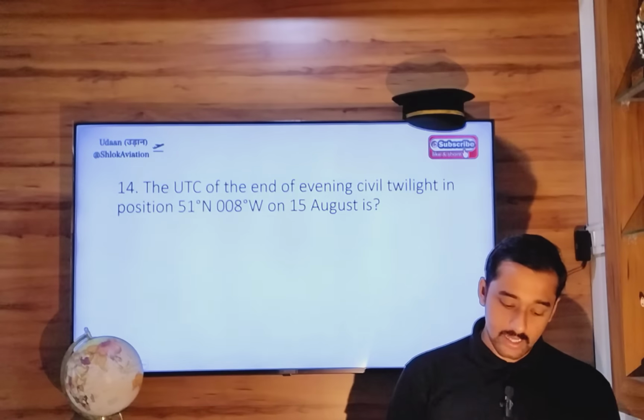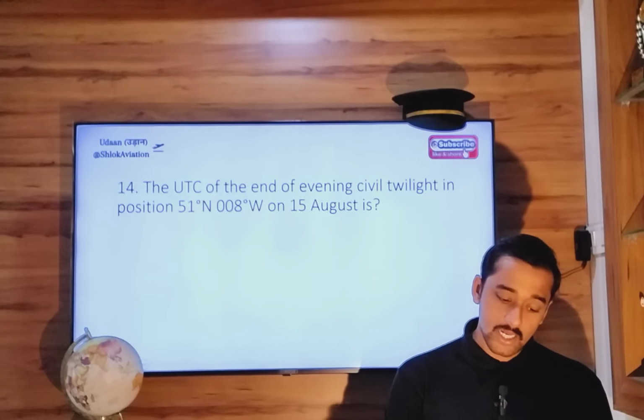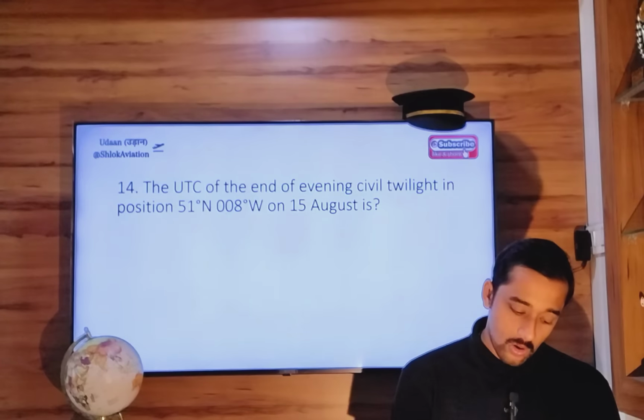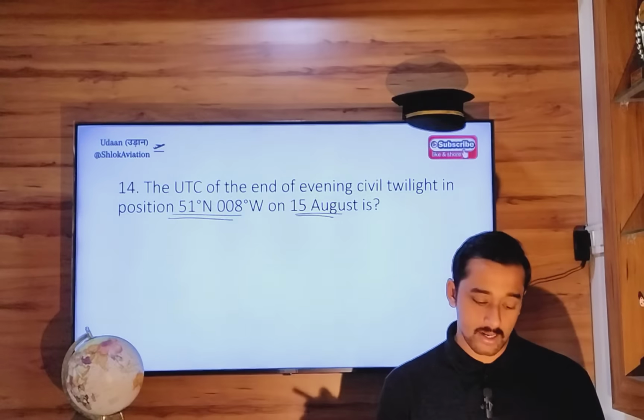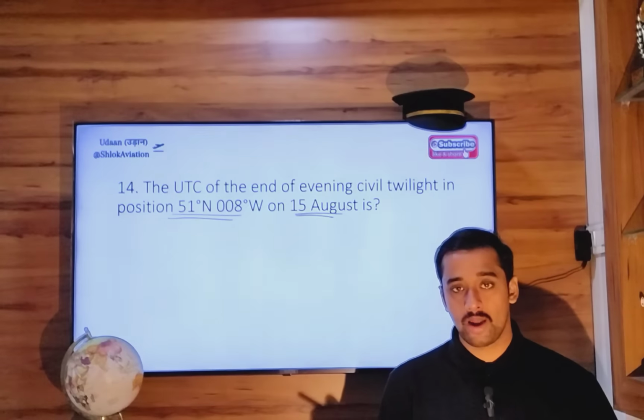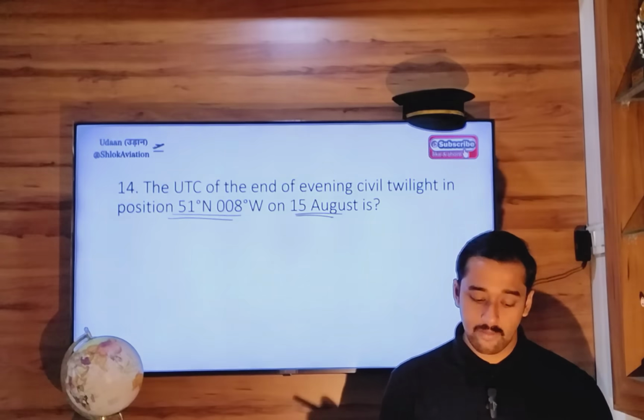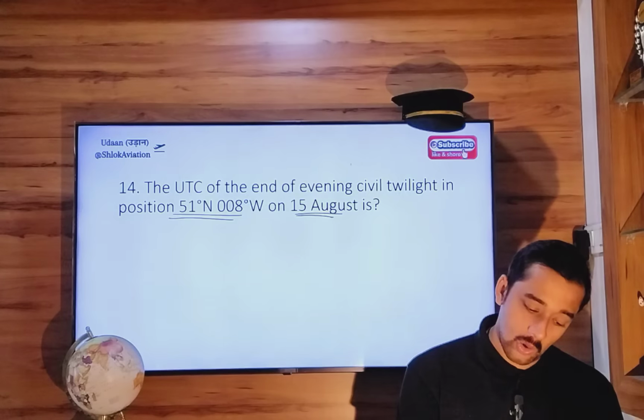Next, question 14. The UTC of the end of evening civil twilight at this position on 15th of August is what? So we will have to use the air almanac table to find out the end of evening civil twilight. Now the air almanac table is in terms of LMT, local mean time.